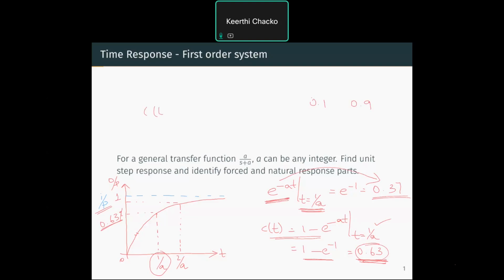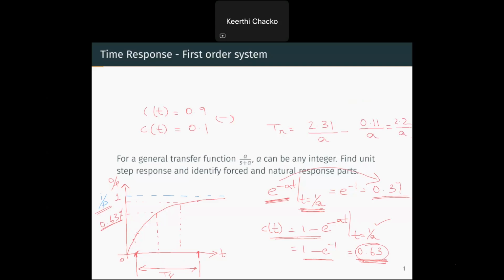So the time taken to reach 10% of the final value and then 90% of the final value. This duration is called rise time, the time taken for the response to rise from 10% to 90% of the final value.